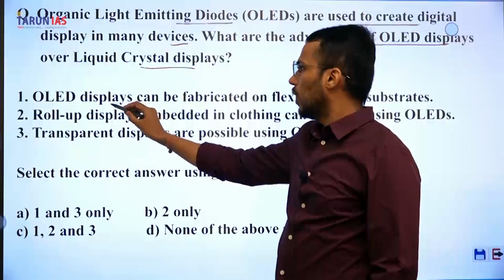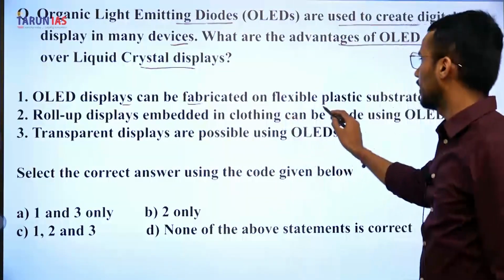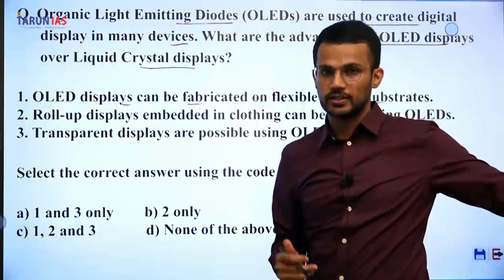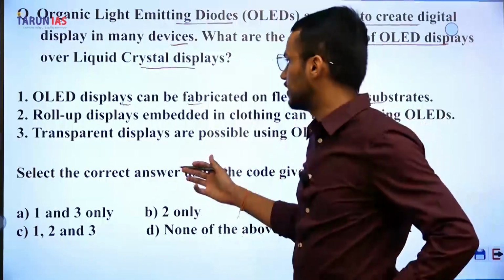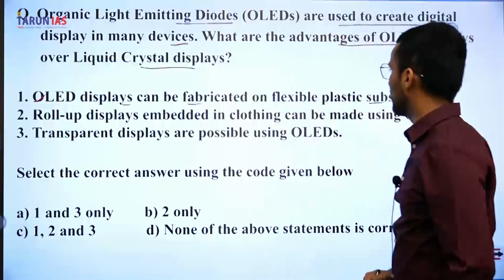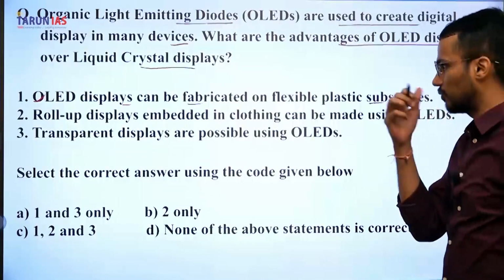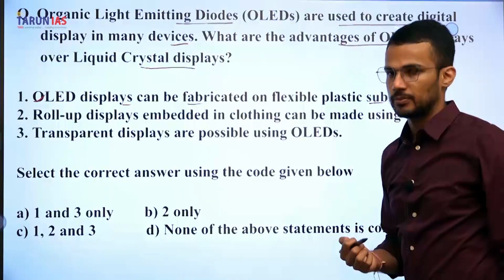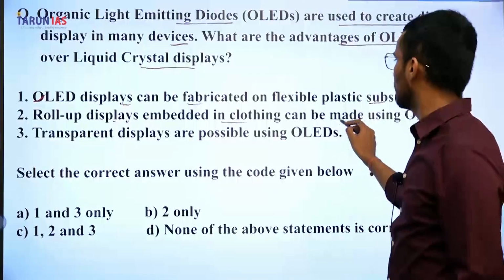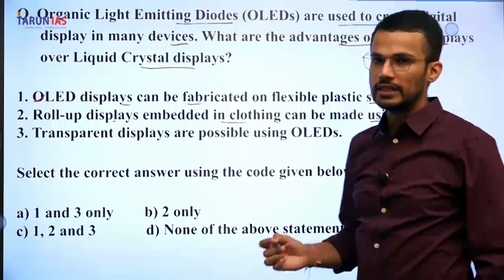First, OLED display can be fabricated on flexible plastic substrates. So yes, OLED display can be manufactured on flexible plastic substrates, and that's why the first statement is correct. Second, roll-up displays embedded in clothing can be made using OLEDs.